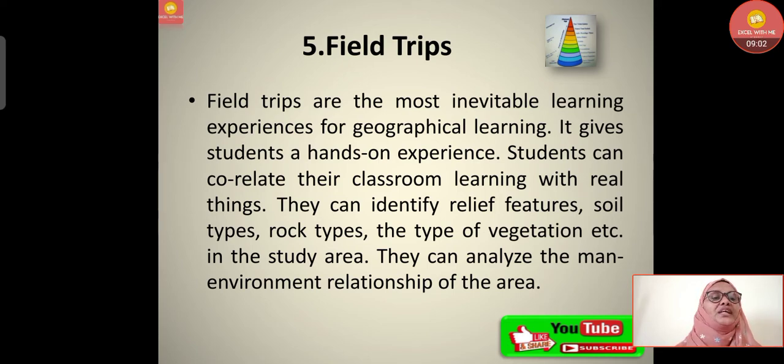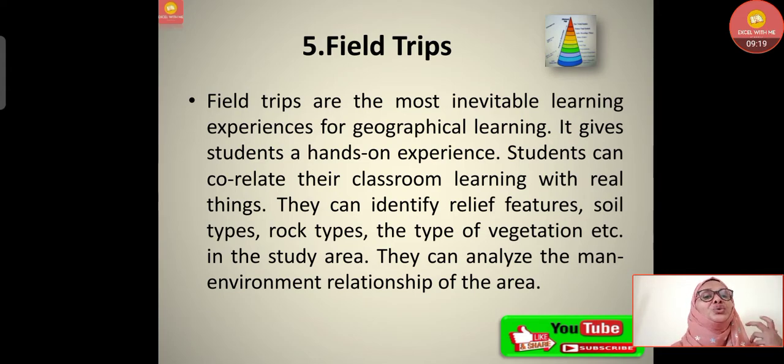Now field trips, as we all know, are very, very interesting for the students. They are inevitable learning experiences for any subject, any discipline, especially in geographical learning. It gives students hands-on, direct experience.